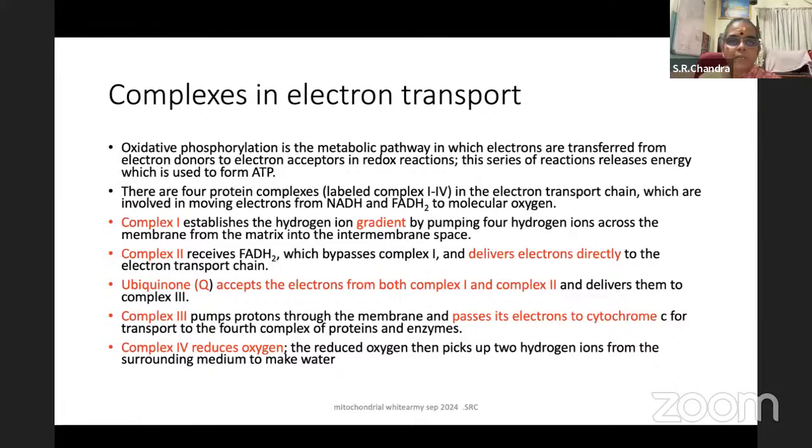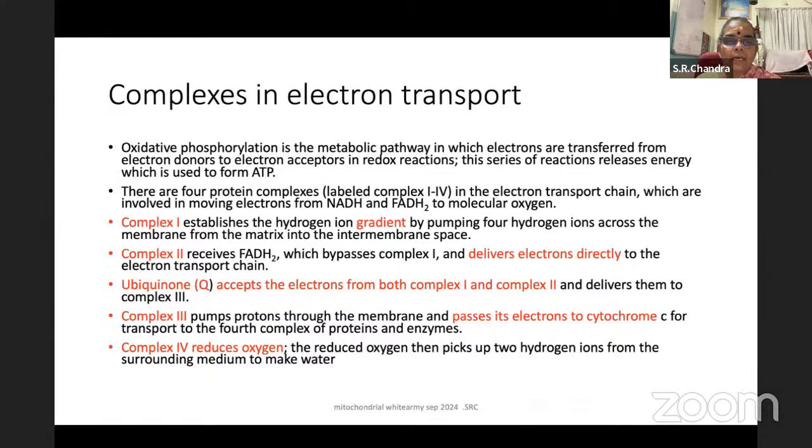So oxidative phosphorylation is the metabolic pathway in which electrons are transferred from electron donors to electron acceptors in a redox reaction. This series of reactions releases energy which is used to form ATP. There are 4 protein complexes labeled 1 to 4, we saw, in the electron transport chain, which are involved in moving electrons from NADH and FADH2 to molecular oxygen.